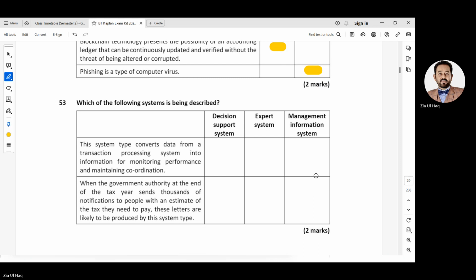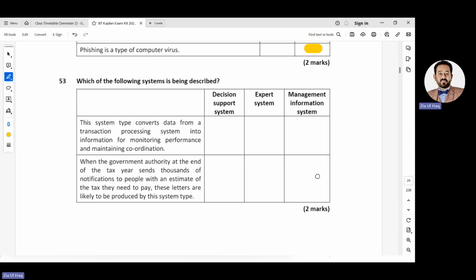53. You need to identify which one they are explaining, either DSS, expert or MIS. This system type converts data from a transaction processing system into information for monitoring performance and maintain coordination, which produce internal reports taken from the TPS.